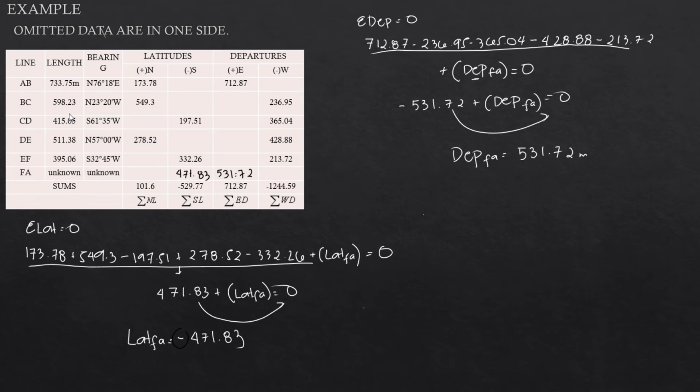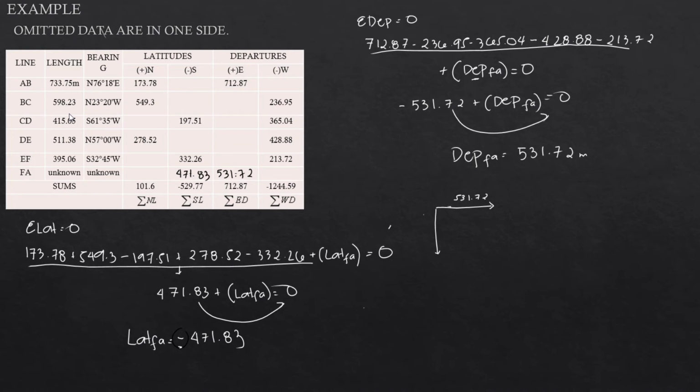Okay. So, di ba sabi natin, ito is nasa south. So, pababa. Meron tayong 471.83. Then, departure natin positive, pa-east. So, meron tayong 531.72.